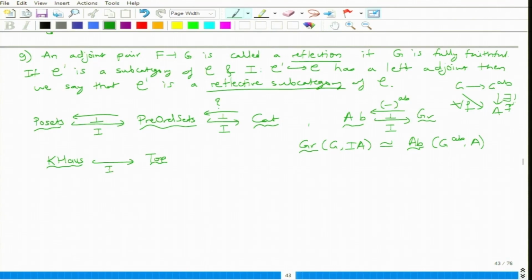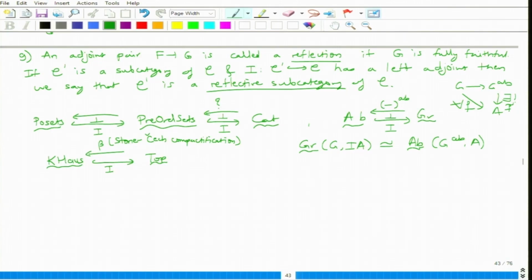This inclusion functor has a left adjoint, which is denoted beta, and its name is Stone-Cech compactification. If you have studied topology, then you would know Stone-Cech compactification. Not one-point compactification, Stone-Cech.